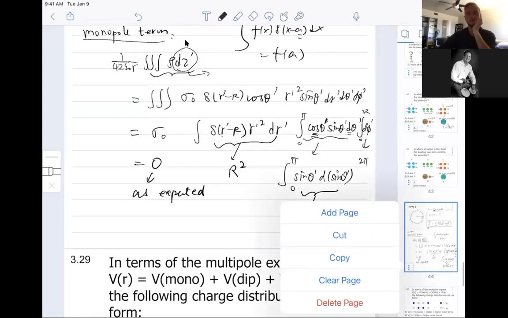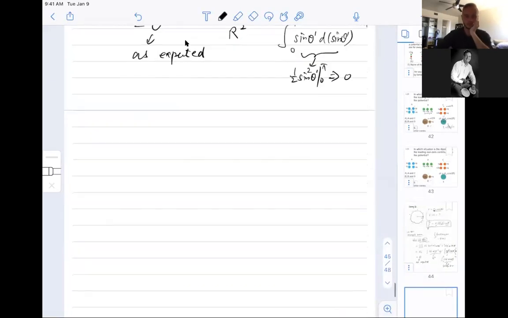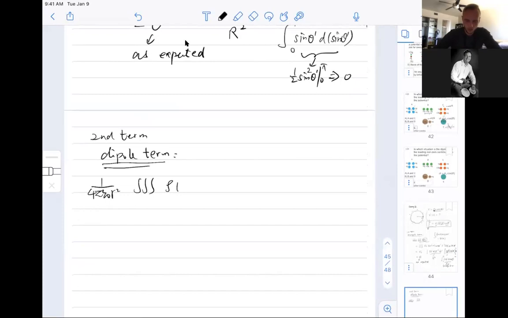Okay, so what we do need is a second order term, that is the dipole term. So the dipole term is 1/4 pi epsilon r squared, and then the dipole moment. The dipole moment is this guy. So let's calculate it.